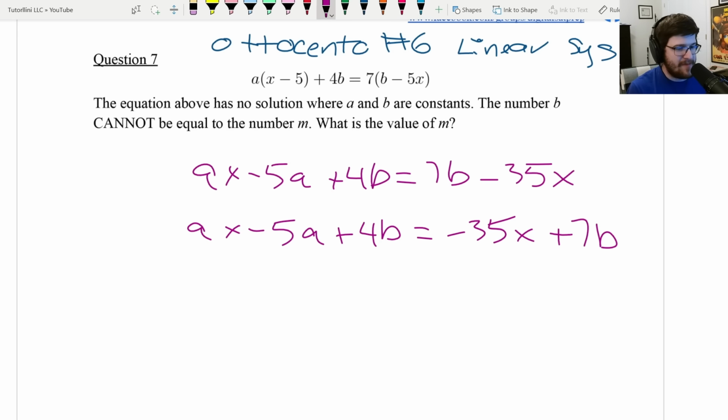The right side kind of looks like slope-intercept form, but the left side doesn't. Now I'm thinking, what could I move quite conveniently to the other side to make it look the same so I don't have to do any factoring or anything? I'm seeing that I could quite conveniently move this guy over here and he would get absorbed into the 7b. So we're going to subtract 4b from both sides.